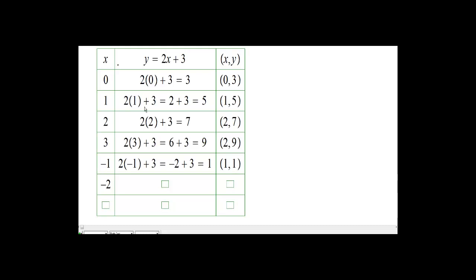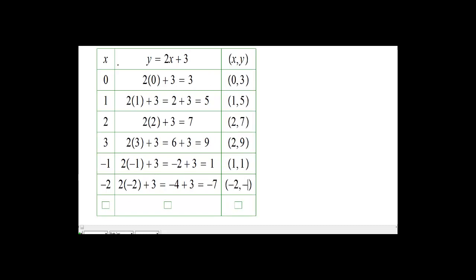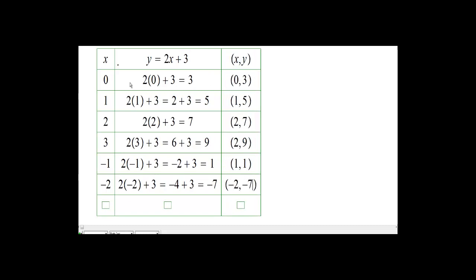Take x equals negative 2. All right, so we got negative 2, which will give me negative 4 plus 3, that equals negative 7, and that is negative 2, negative 7.